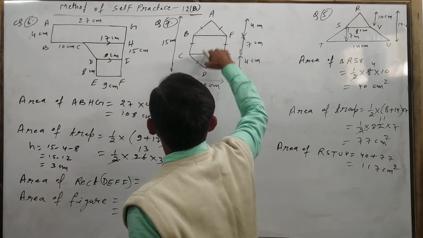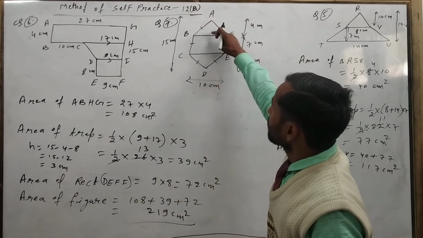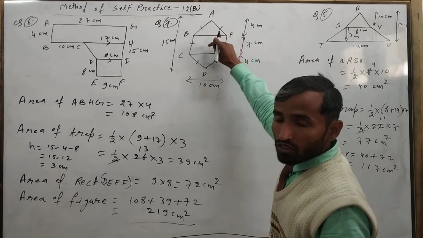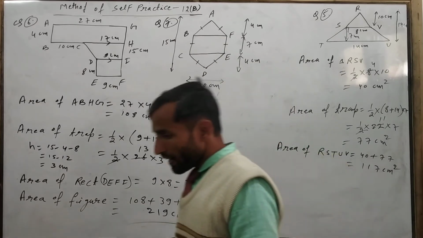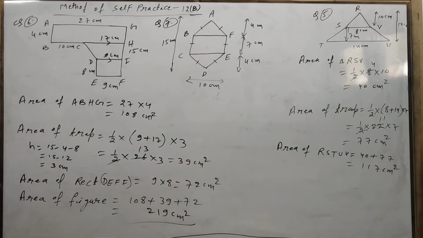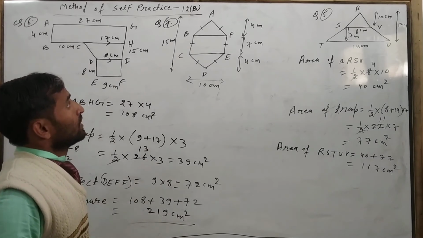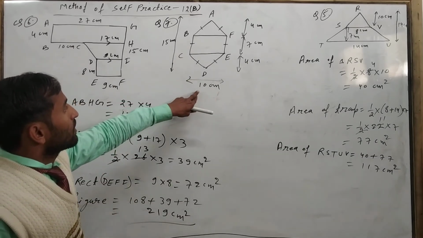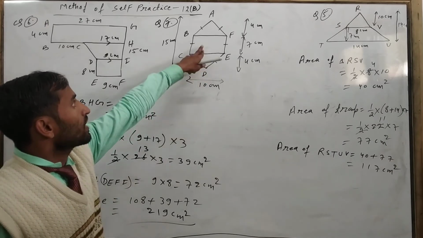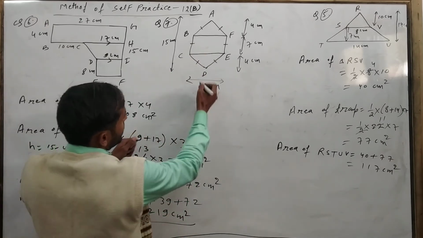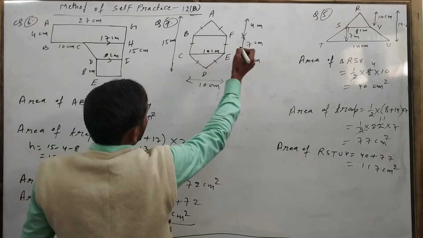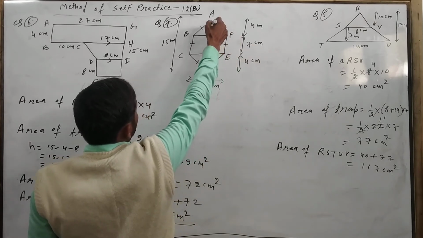Okay, so we have to find the area of this triangle and this rectangle, then we will add all three and get the answer. Before that, first of all, the length of the rectangle is 10 centimeter because 10 is given, and the height of the triangle is 4.